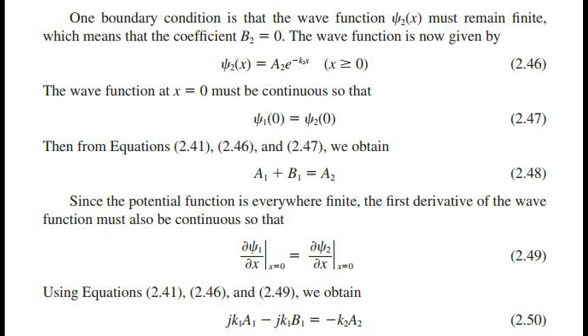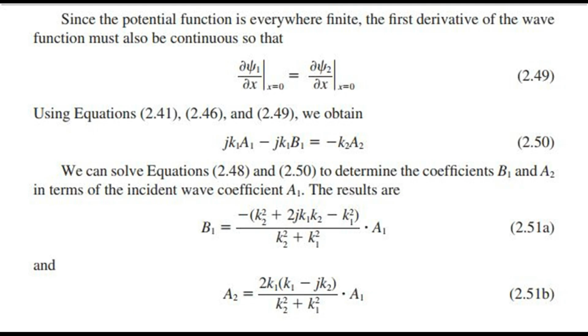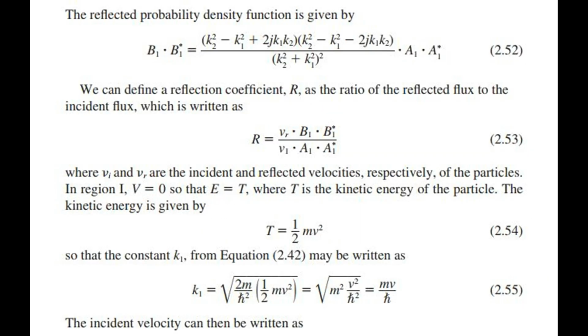Using equations 2.41, 2.46, and 2.49, we obtain. We can solve equations 2.48 and 2.50 to determine the coefficients B1 and A2. In terms of the incident wave coefficient A1, the results are as follows, and the reflected probability density function is given by.